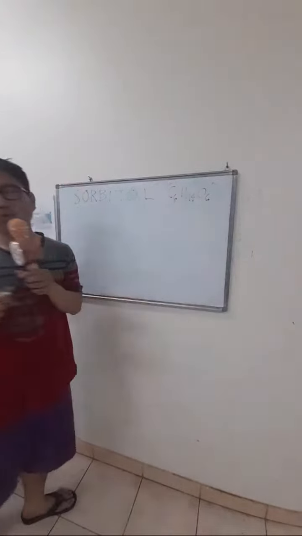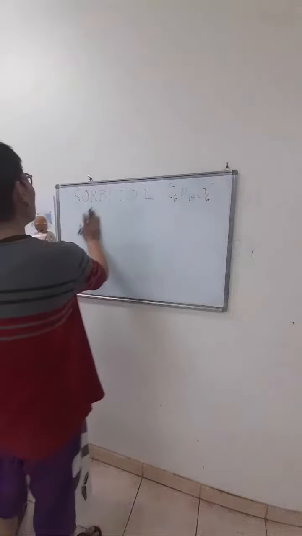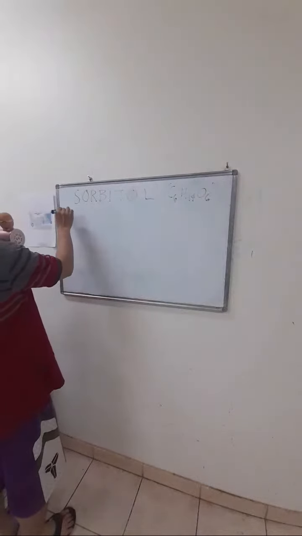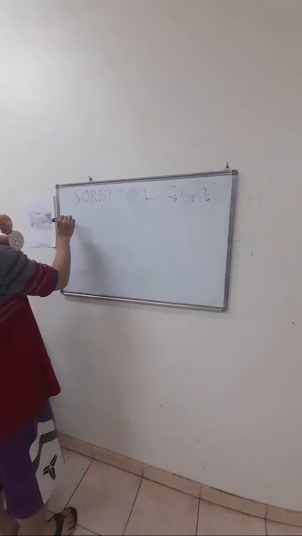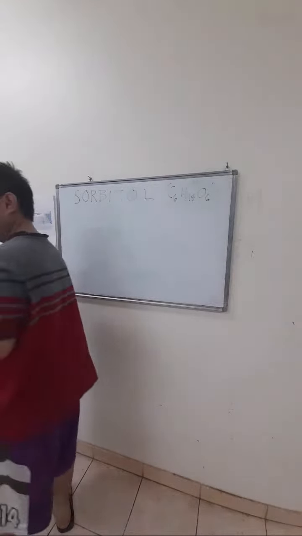Now we need to show you the Fischer projection of the chemical formula. In organic chemistry, I love this, because my average is good. 4.6 is my grade in organic chemistry, meaning I have 96%. Because the IP has a 5, and the grade is 4.6 in the transcript of records.